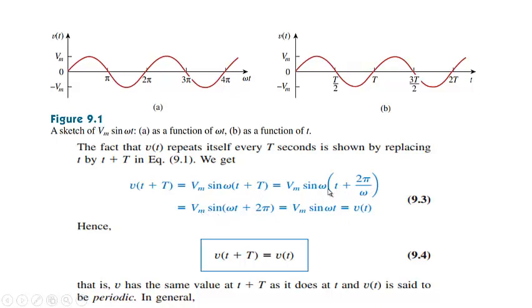When we multiply this omega to the whole of its angle, it will be omega t plus omega T, which is 2 pi, and we know that sine of theta plus 2 pi is equal to sine of theta. It comes out again to be equal to Vm sine of omega t, that is V(t). So in general, V of t plus capital T is equal to V of t. V has the same value at t plus capital T as it does at t, and V(t) is said to be periodic.